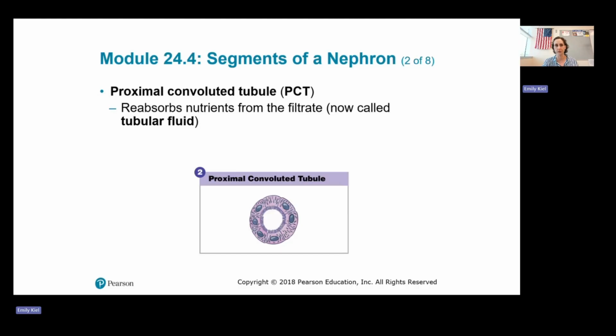Normally, if you have a normal glucose level, if your body's controlling it, you should want to keep that glucose in. The proximal convoluted tubule is made of simple cuboidal epithelium tissue, but it does have some little microvilli, and you can see them here, to increase the surface area for absorption, because its primary purpose is to resorb.